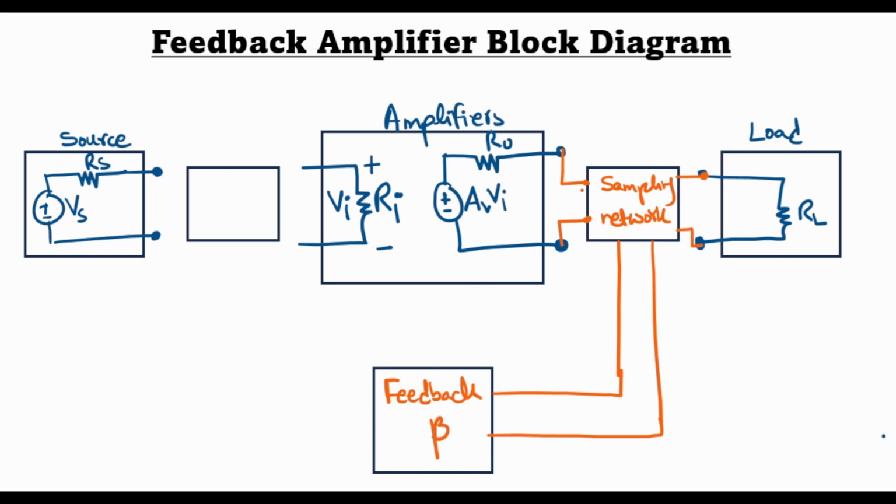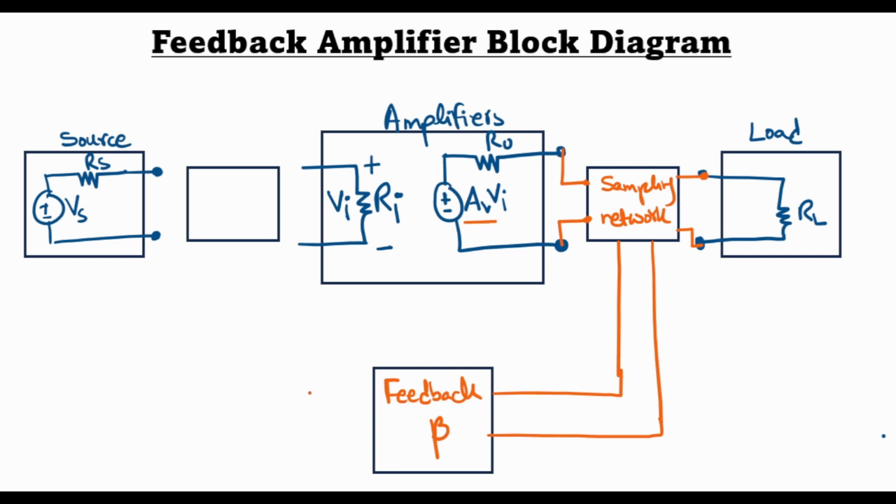The basic amplifier has a forward transmission gain A, which in the case of a voltage amplifier is represented as A subscript V. And when we have feedback, then we also have a reverse transmission gain represented by beta.